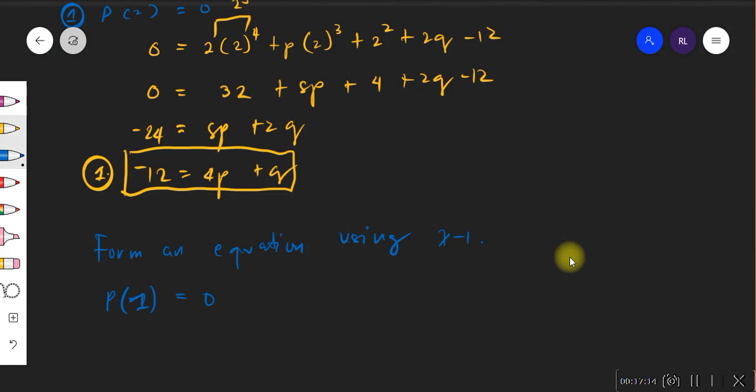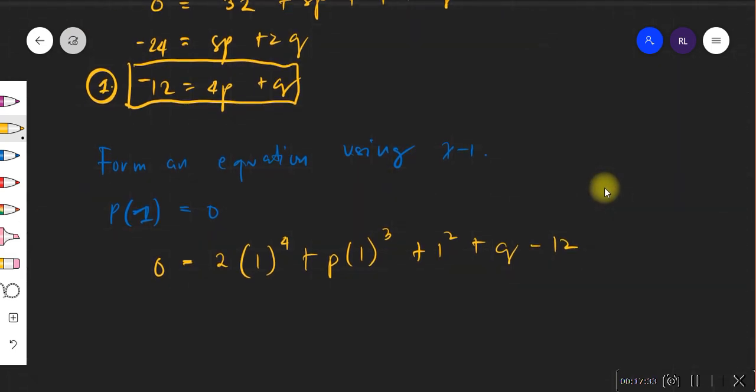We have 0 equals 2 times 1 raised to 4 plus p times 1 raised to 3 plus 1 squared plus q minus 12. So we have 0 equals 2 plus p plus 1 plus q minus 12, and 2 plus 1 is 3, 3 minus 12 is negative 9. Therefore, we have positive 9 equals p plus q.